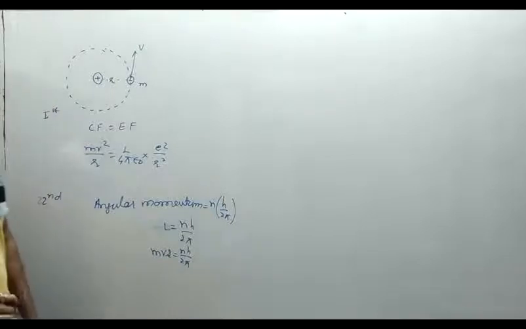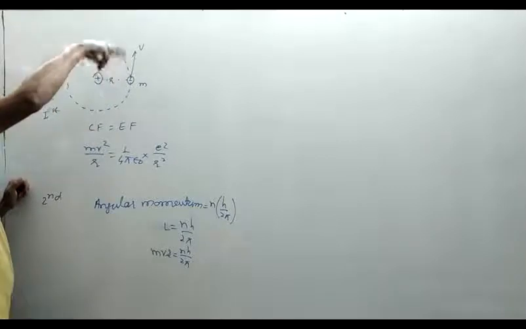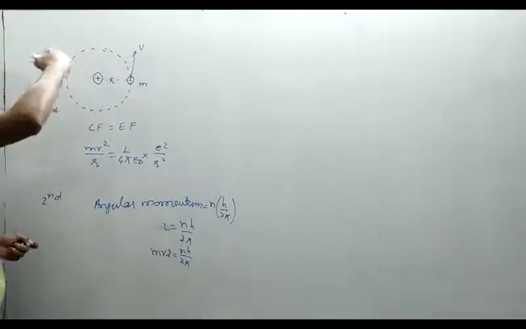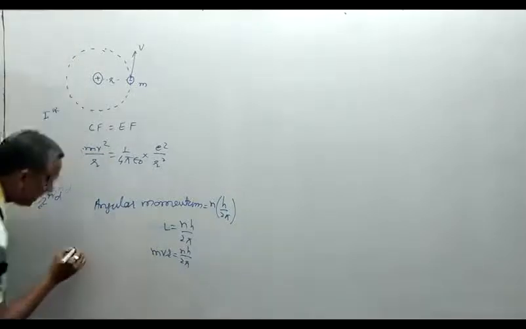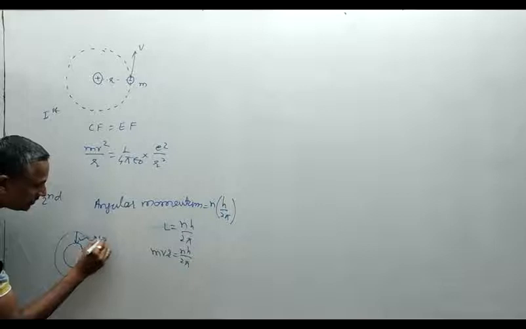Now according to the third postulate, whenever an electron revolving in a circular orbit jumps from a higher stationary orbit to a lower stationary orbit, energy is emitted in the form of a photon.